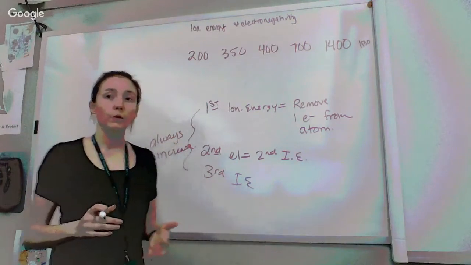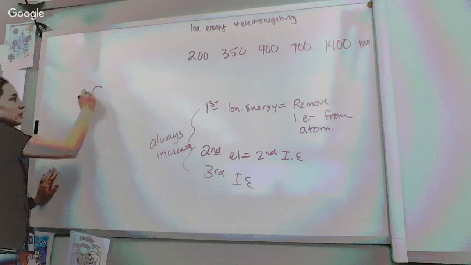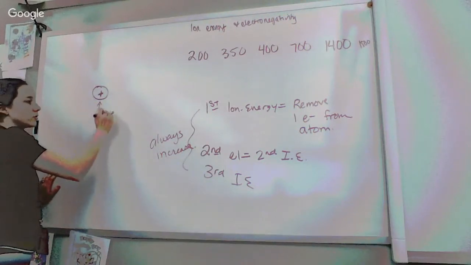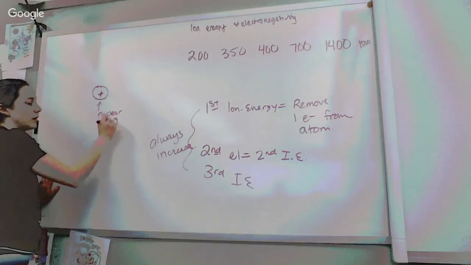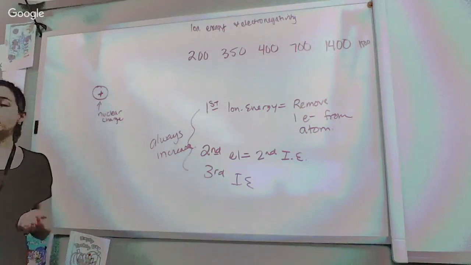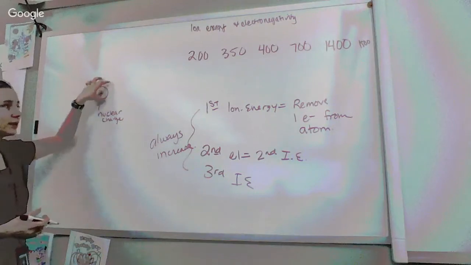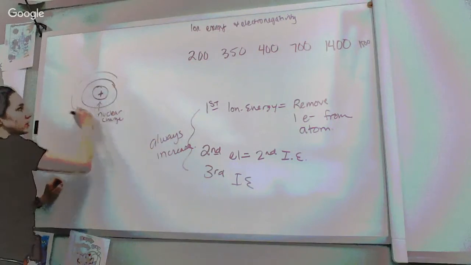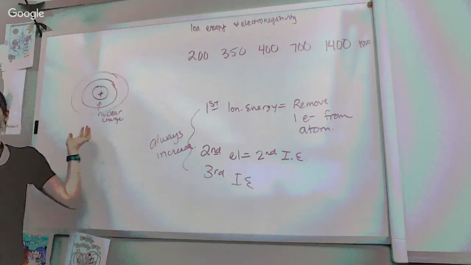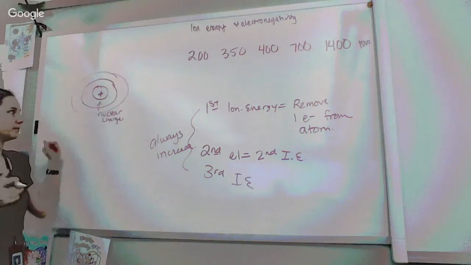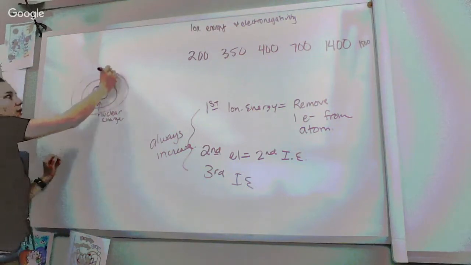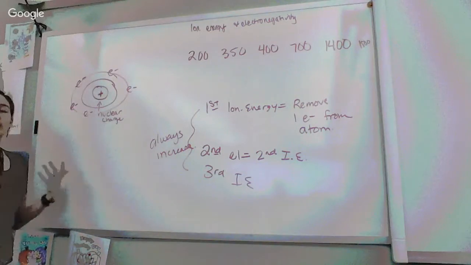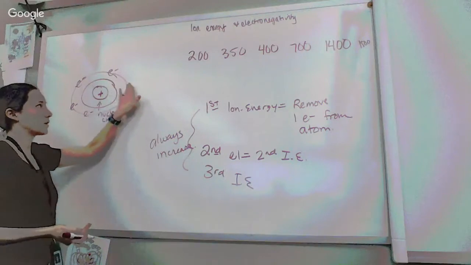And if you think about that, we've got our positive nucleus. Remember, this has my nuclear charge. The whole reason that our electrons are able to stay where they are is because of your nucleus and what's happening there. And so as you have these orbitals around the outside, which obviously aren't actually orbitals in circles like that, but it's much easier to draw, there are my outer electrons. Ionization energy says I've removed one electron.